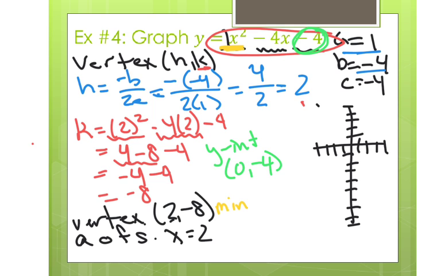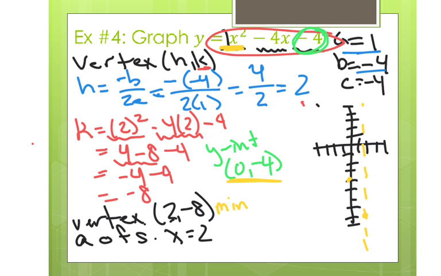Okay, so let's go back to the graph. Our vertex is 2, negative 8, so right 2 and down 8. We'll put that right there. Then I'm going to draw a vertical line through my vertex to show my axis of symmetry. Then I'm going to go to my y-intercept, which is 0, negative 4, so 0 and down 4.